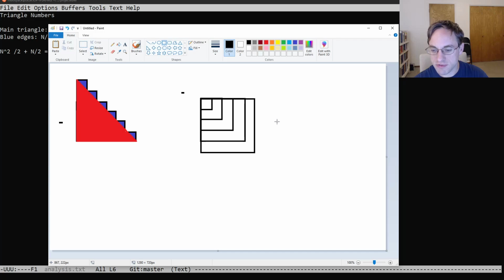And similarly, though it's more difficult to draw in this diagram, we're going to have a similar arrangement as when we were calculating our triangle numbers, where we have this equation for the inside shape that's at the core of our pyramid here.